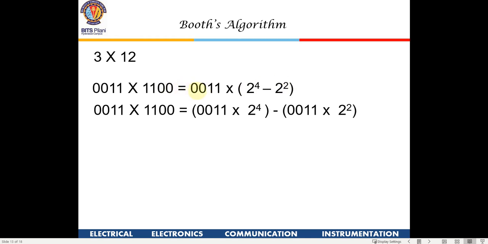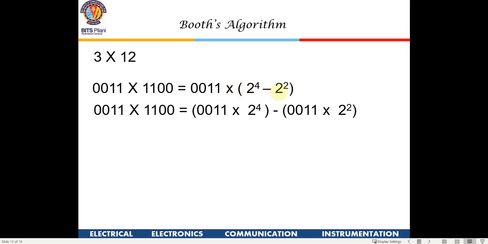If you see this, whenever we are going from 0 to 1, that indicates there is a 0 here. Now 0 to 1 means we take 2 to the power of 4 plus. When we are moving from 1 to 1, we don't do anything. From 1 to 0, we put a negative number, 2 to the power of minus 2.